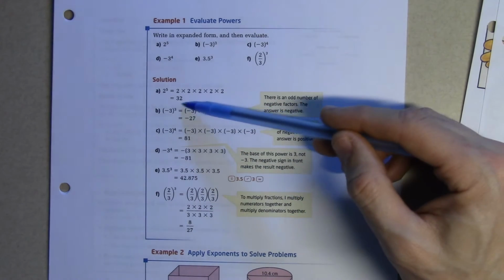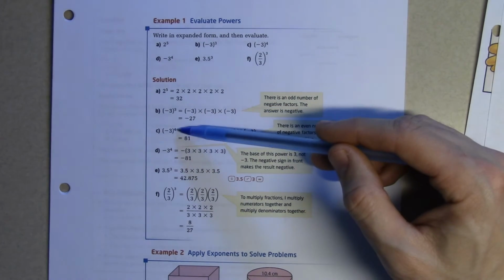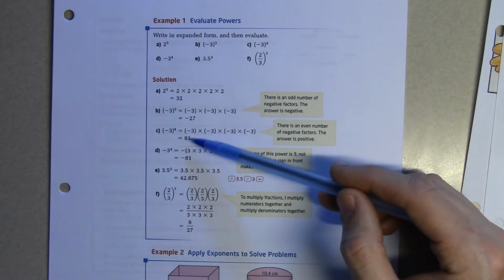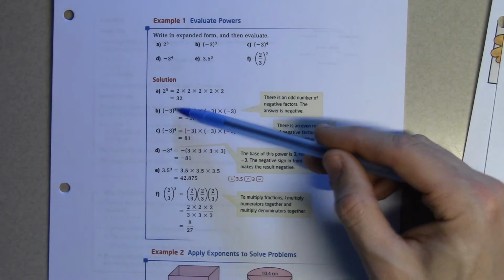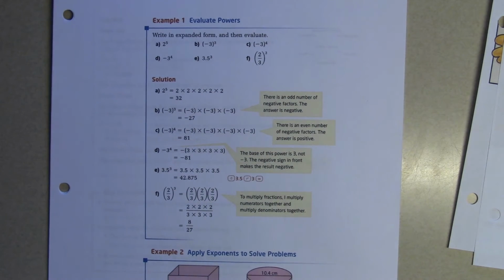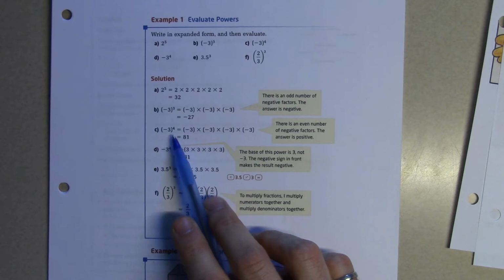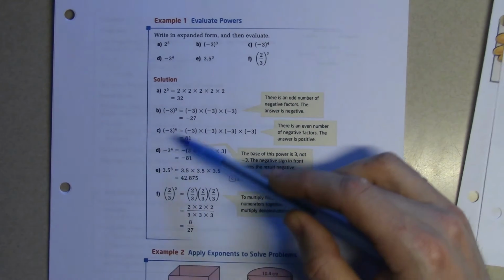So you should be able to recognize that either by writing it out in expanded form or just knowing that when a negative number has an even exponent, my result is going to be a positive number. When it has an odd exponent, my result is going to be a negative number. The difference between this -3 to the exponent of 4 and this -3 to the exponent of 4 is very, very important.